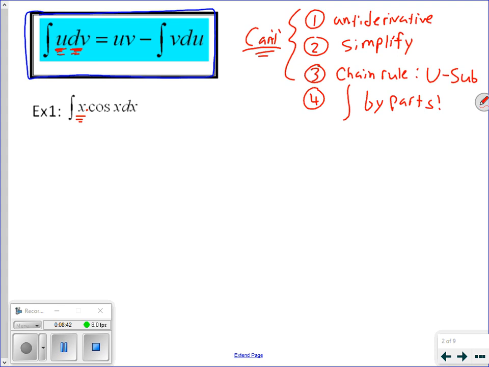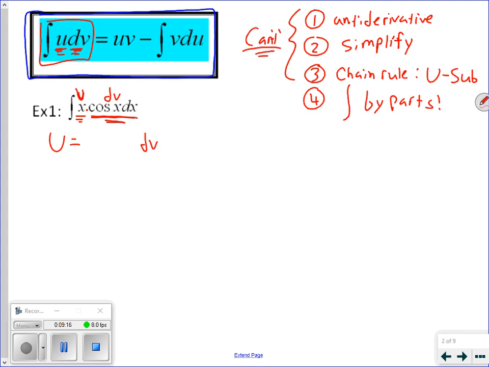We're undoing a product rule here. Let's say that x is u, and we'll make cosine x dx our dv. So let's just write it exactly like it is here. We'll say that our u is x, and cosine x dx is our dv. This is how I always tell students to set it up. So we've got our u equation and our dv equation.